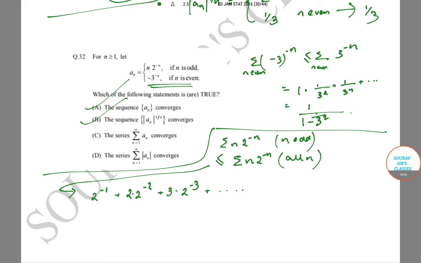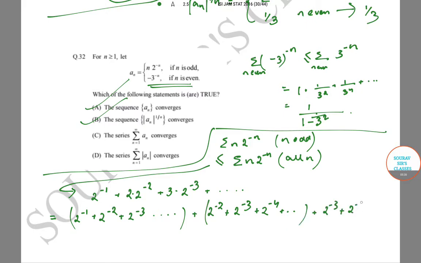Which is equal to 2 to the minus 1 plus 2 to the minus 2, this, plus 2 to the minus 2 plus 2 to the minus 3 plus 2 to the minus 4, this, plus 2 to the minus 3 plus 2 to the minus 4, this, and so on.